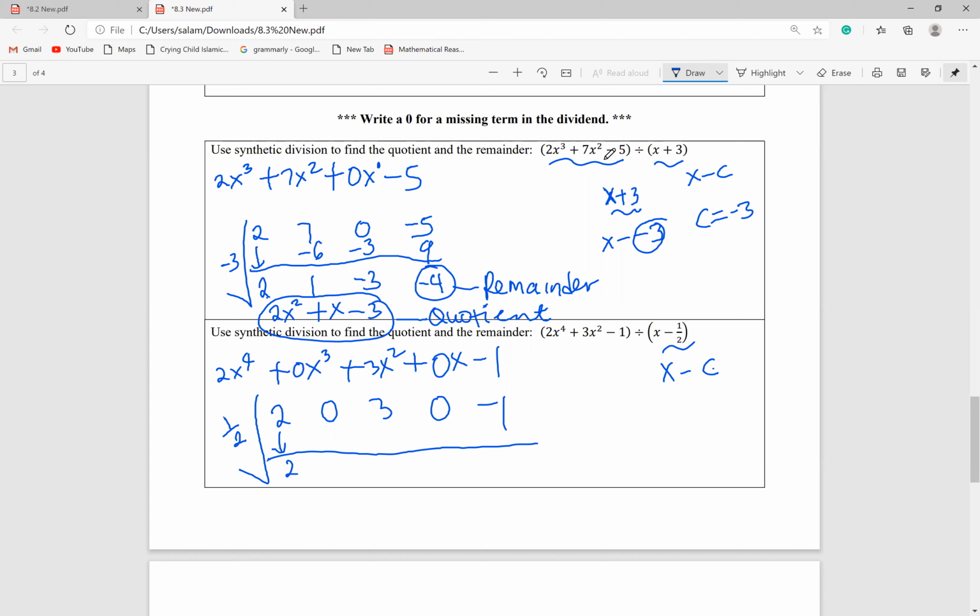Then we use the 2 to multiply 1/2. So 2 times 1/2 gives us 1. 0 plus 1 is 1. Then 1 times 1/2 gives us 1/2. So we have 3 plus 1/2, which is the same thing as 7/2.